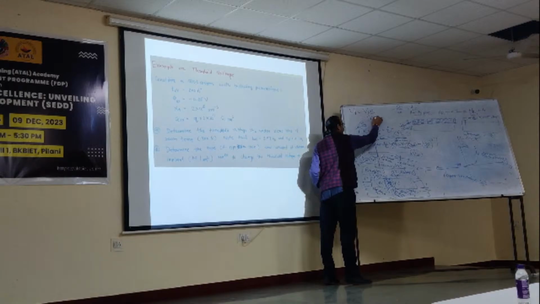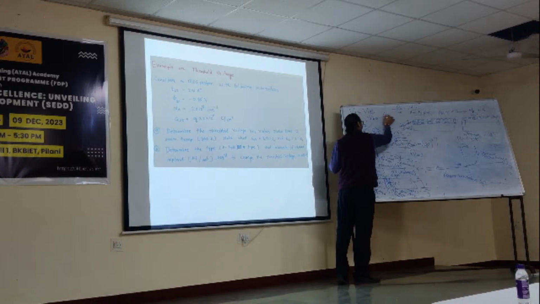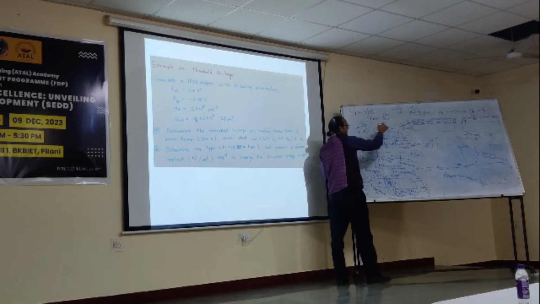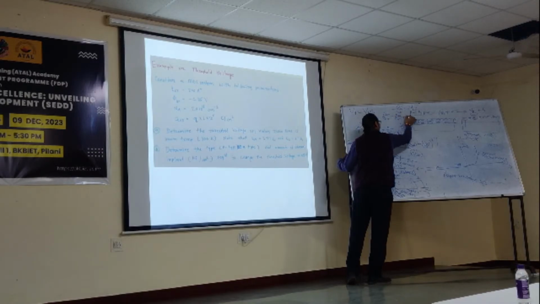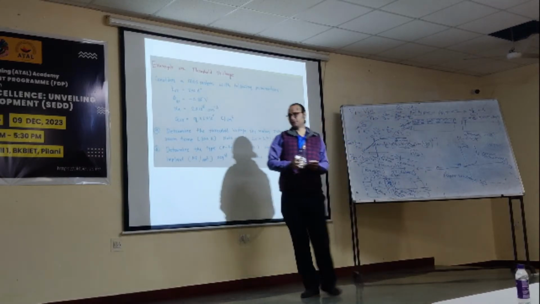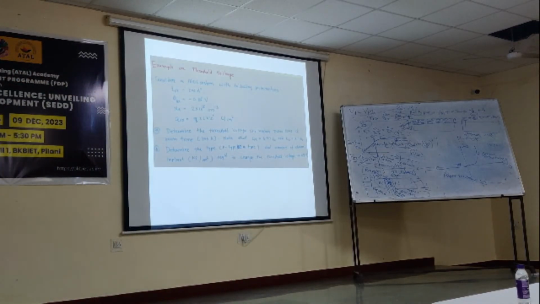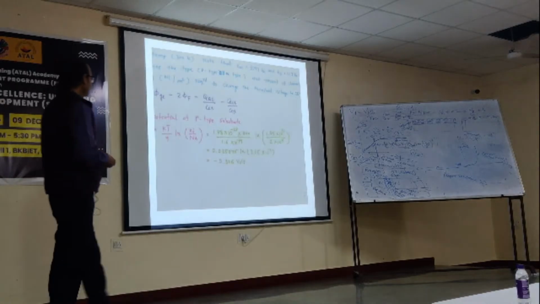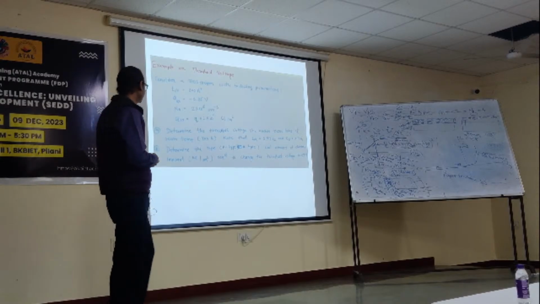The threshold voltage is the metal-semiconductor work function difference, minus Q oxide divided by oxide capacitance, minus the depletion charge divided by oxide capacitance, plus twice phi f. This is the value of threshold voltage. Can you calculate it? You may note down, and I think that is not a big deal to solve these problems.